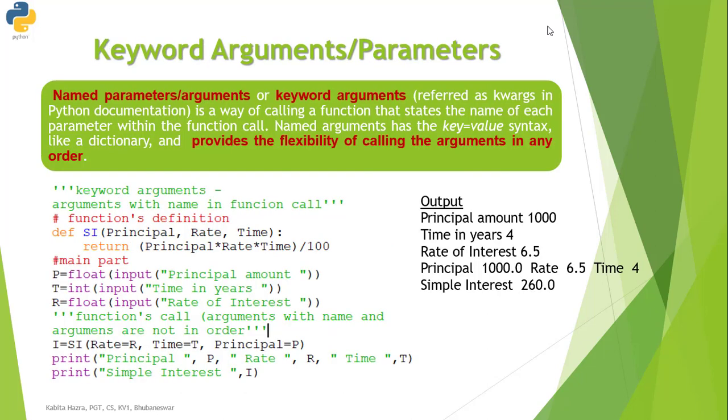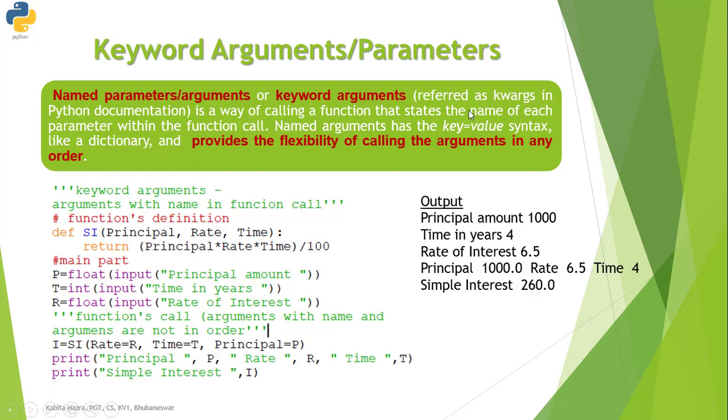Keyword parameters or arguments are the parameters which have a name in the function call statement, or they are the named arguments, and they have a syntax like a dictionary, that is a key which is assigned a value in the function call statement, and this provides the flexibility of calling the arguments in different order.